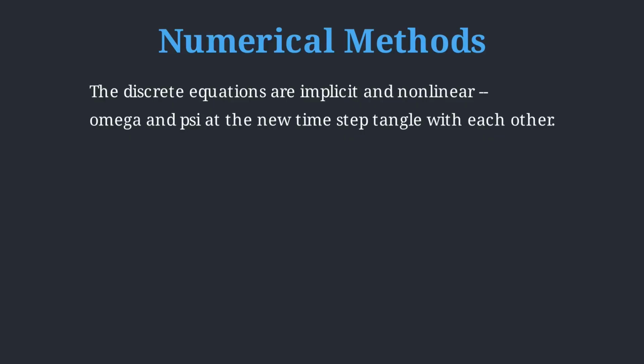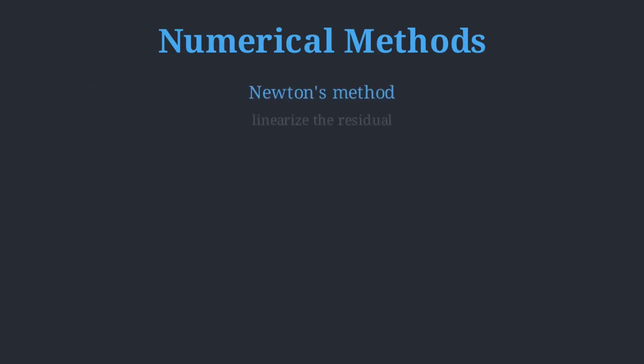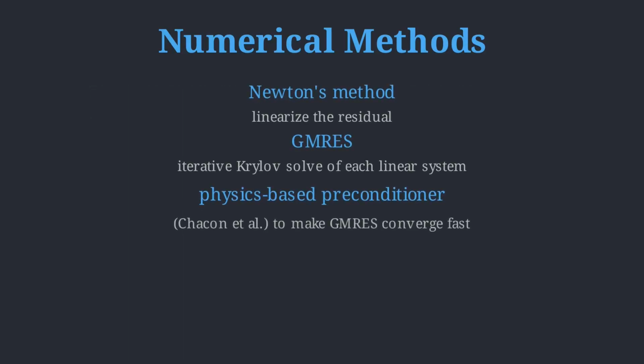That linear system at each Newton step gets handed off to GMRES, an iterative Krylov subspace solver. And to make GMRES converge fast, they build a custom physics-informed preconditioner, following earlier work by Chacón and collaborators, that exploits the specific structure of the vorticity and Ohm's law equations.